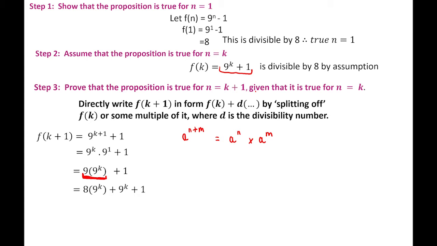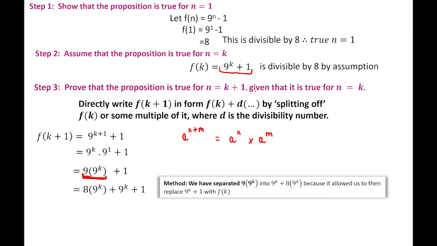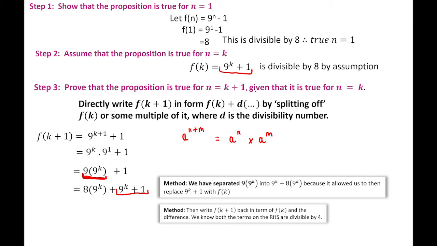And we can see here that 9 to the power of k minus 1 is f(k). So we can replace this with f(k), which we have assumed is divisible by 8 in step 2. We then write f(k+1) in terms of f(k) and the difference.